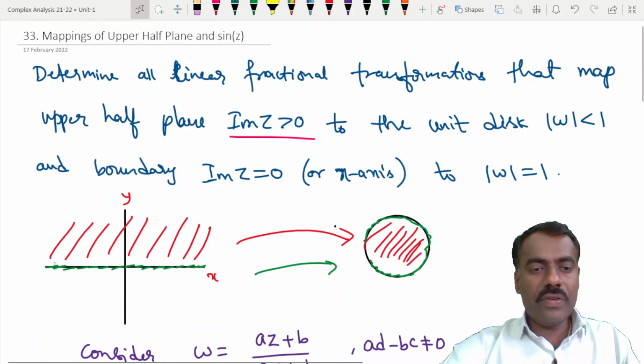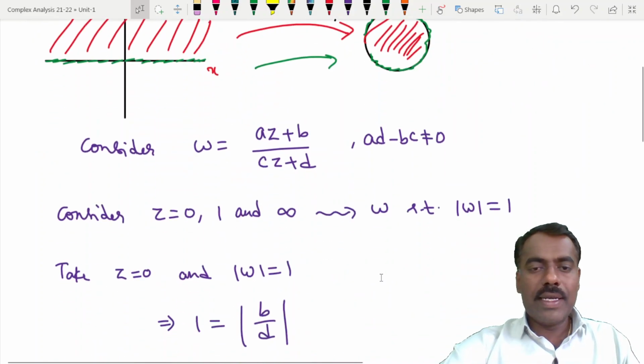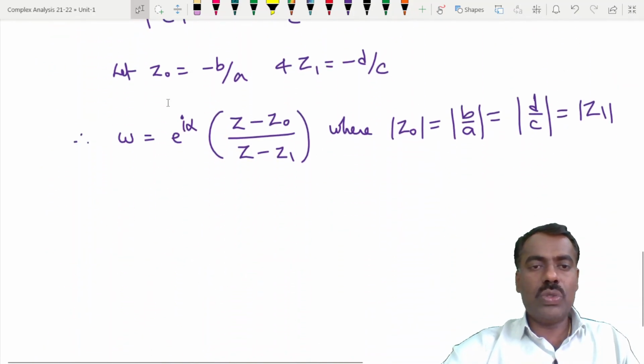As of now we have used only this part: if the points on the x-axis map to the points on the circle mod w equal to 1, then the linear transformation should look like this.